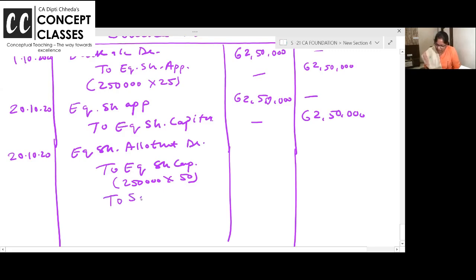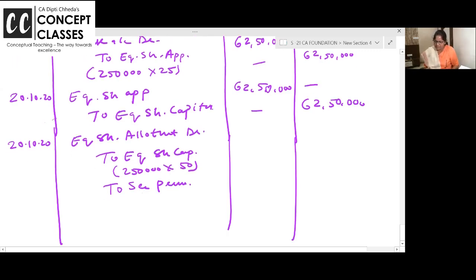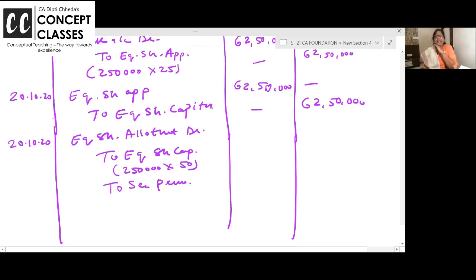And in this, the securities premium you have also called. You can call securities premium at application, but this is at the time of allotment. And premium can never be credited to the capital account. 2,50,000 into 25, this amount you keep separate in the securities premium account. So 2,50,000 into 50 is what is due.